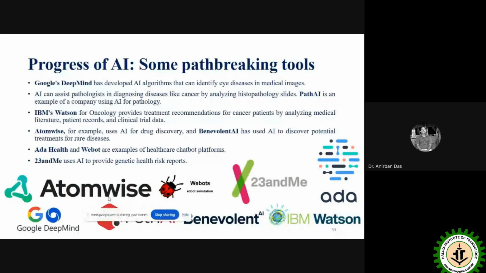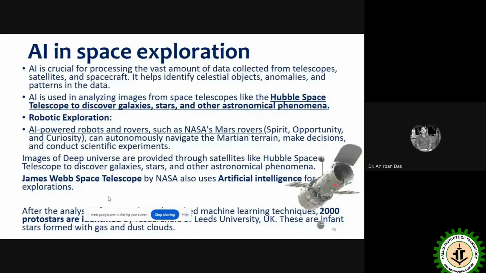And there are many path-breaking tools like Google DeepMind for eye diseases, PathAI for pathology, IBM Watson for oncology, and Atomwise and BenevolentAI for drug discovery and rare diseases. Like that, AI is there in space exploration as well.